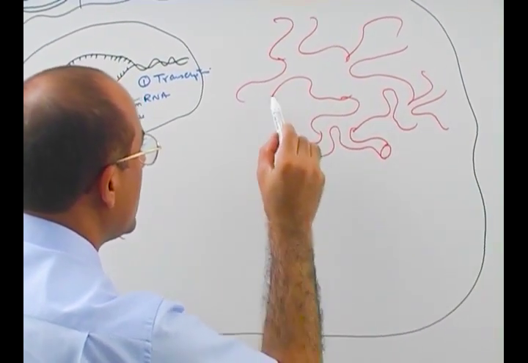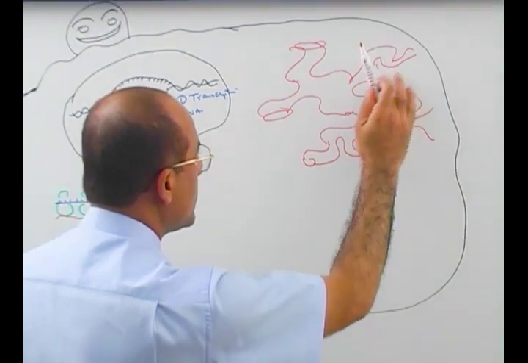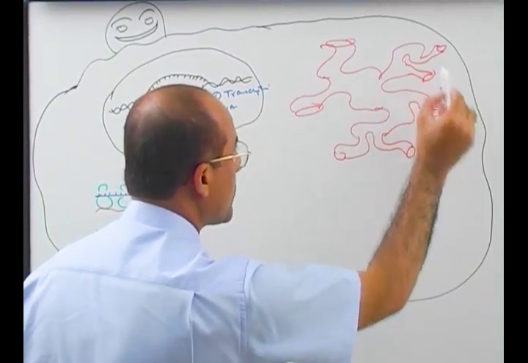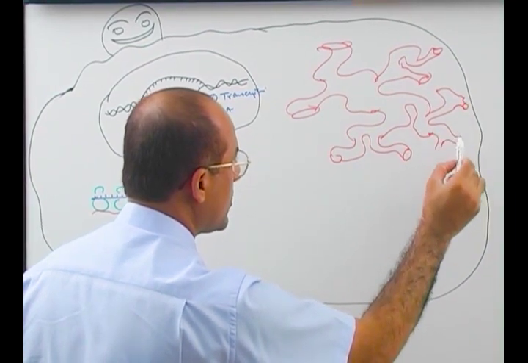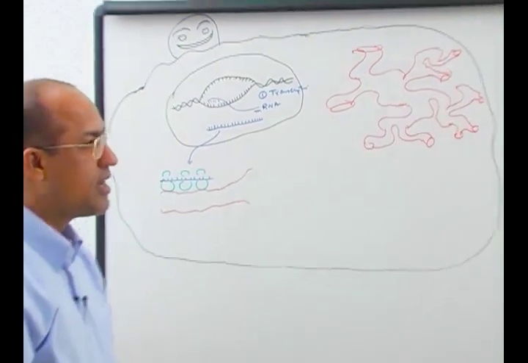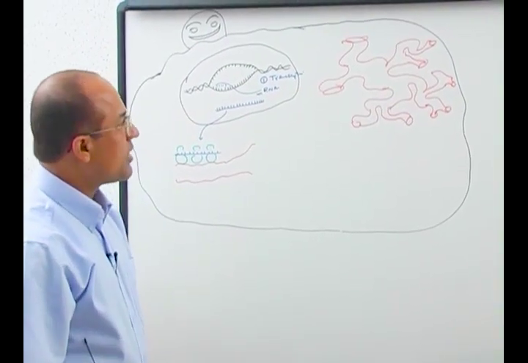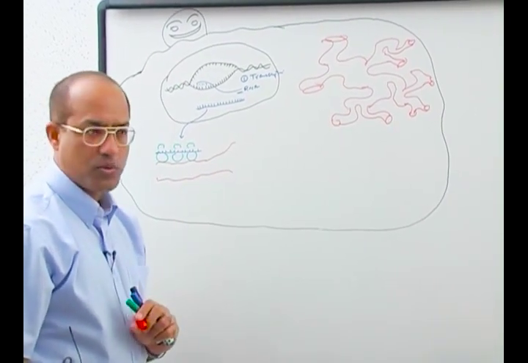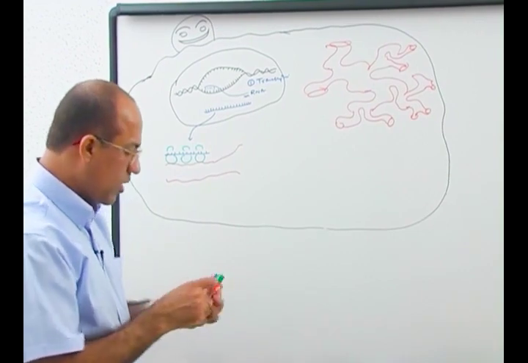Now, this network of tubular structure within the cell is called endoplasmic reticulum, right? Actually, this plays a very important role in protein synthesis, right? Why?